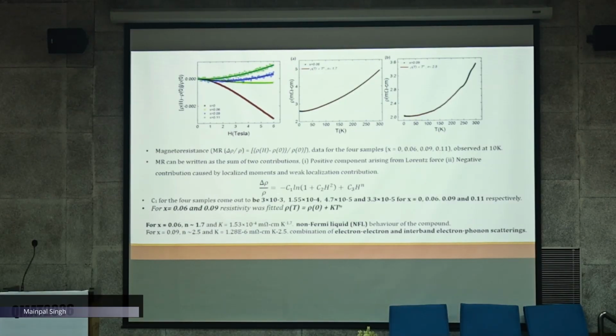We fitted the data using rho(T) = rho naught plus k T to the power n, and n equal to 1.7 fits the resistivity data in almost the complete temperature range above the localization temperature. We could also fit the same relation for the x equal to 0.09 concentration. It suggests that we can conclude the electron-electron and interband electron-phonon scatterings are playing the role in this particular temperature range.